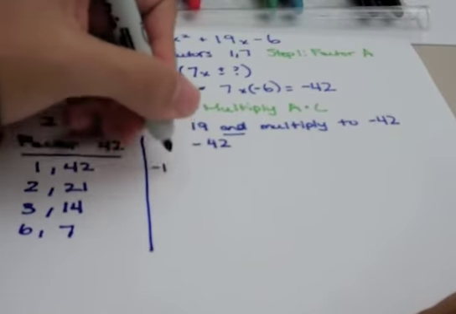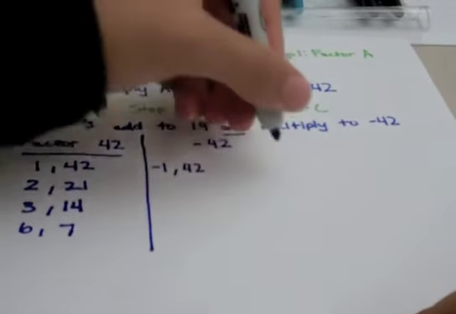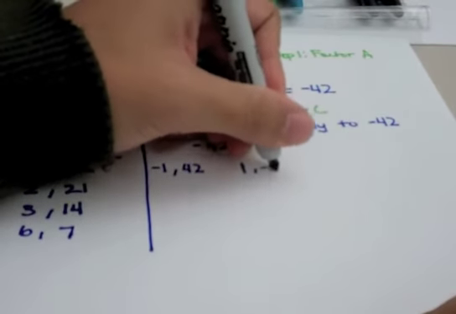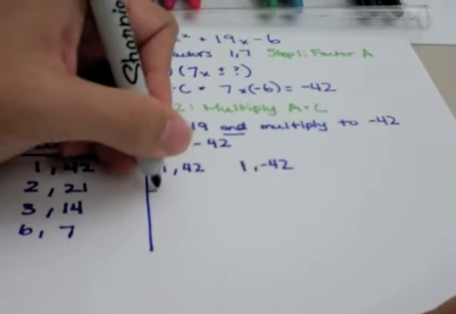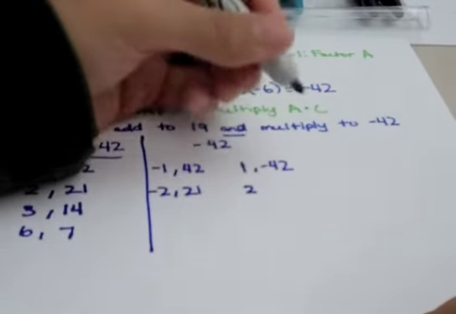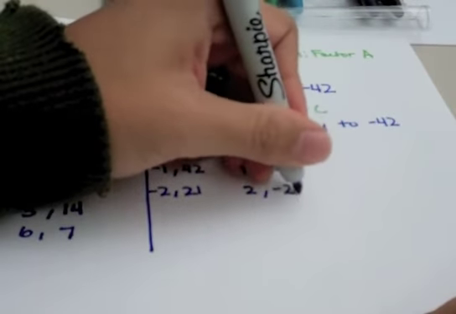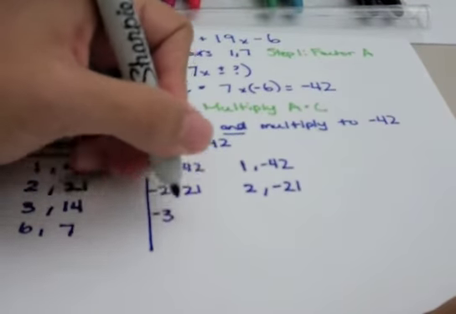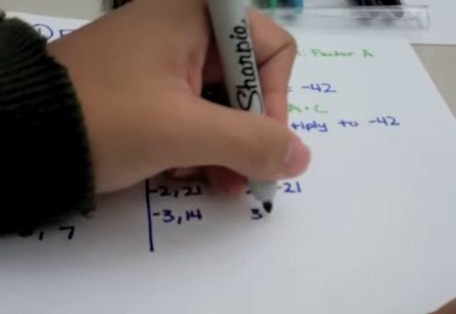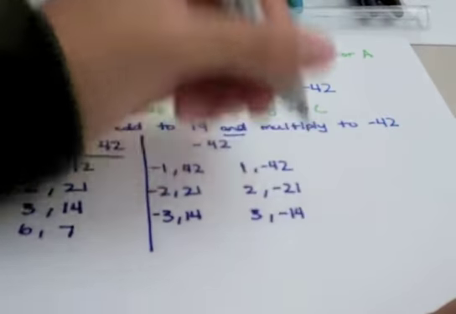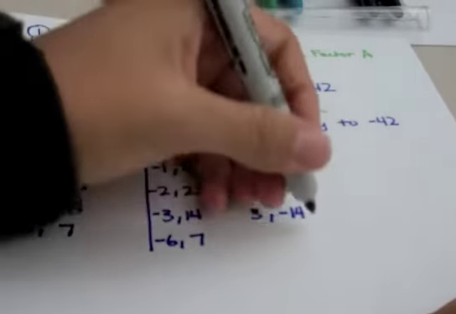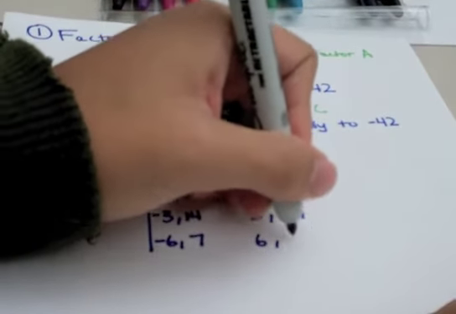So that would be negative 1 and 42, or 1 and negative 42, negative 2 and 21, or 2 and negative 21, negative 3 and 14, 3 and negative 14, negative 6 and 7, or 6 and negative 7.